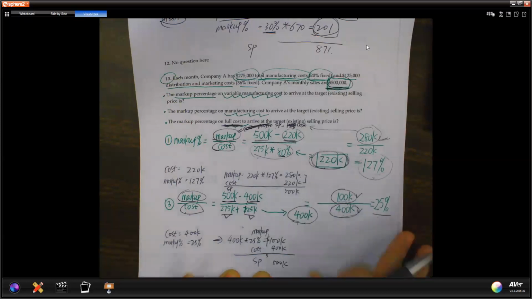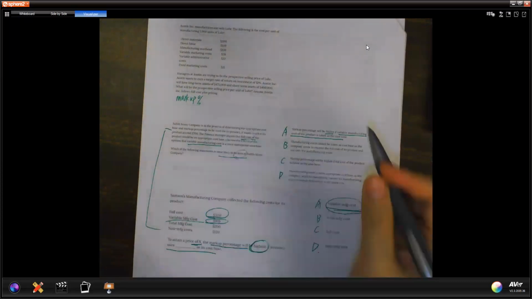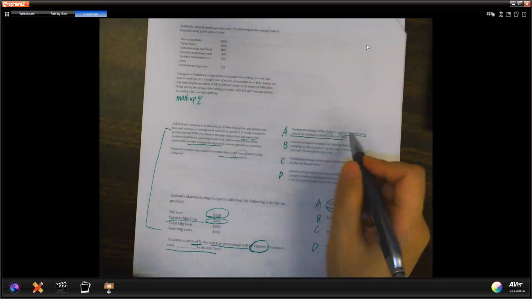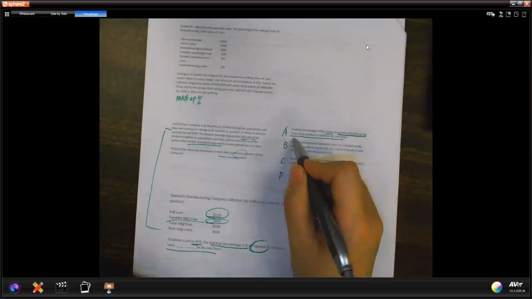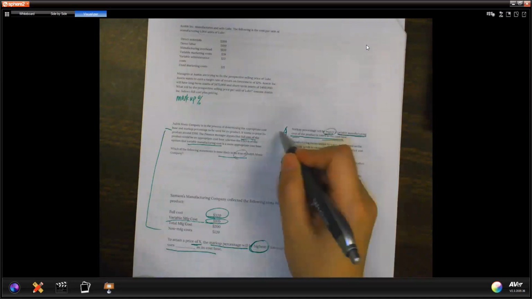Okay, so since we are already talking about this, I want to go to the multiple choice of the last one with you. We said which one is correct. They said if you use variable manufacturing cost as the base, then your markup will be high, right?